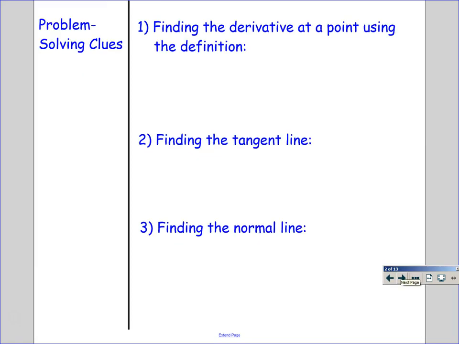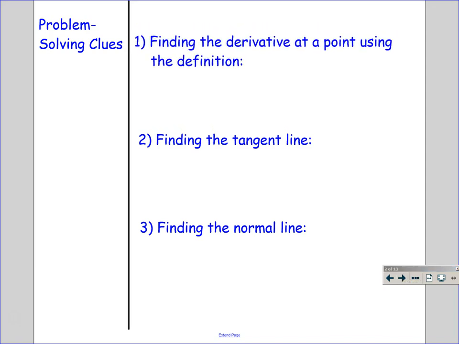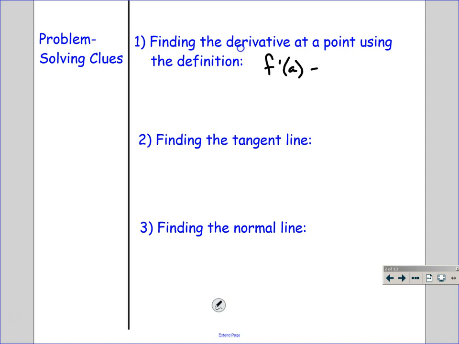So, problem solving clues. Oh my goodness, it's a forever card. Right? Yes, at least some version of it. Is it the exact forever card? Maybe not the exact one, but it has information from the forever card that could be helpful for the section. If it says to find the derivative at a point using the definition, oh, wait a minute, didn't we just do that? Oh, okay. Well, then we just need to go ahead and use the f prime of a forms.